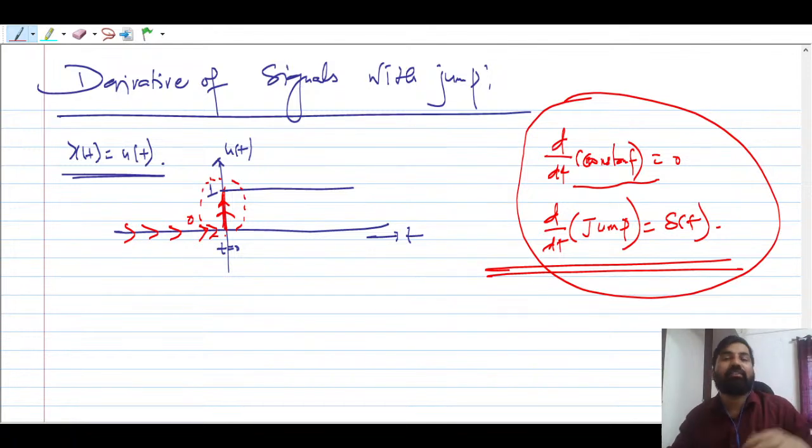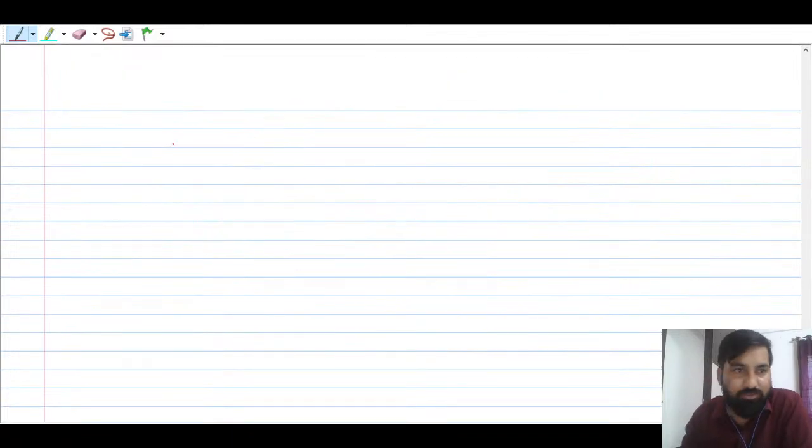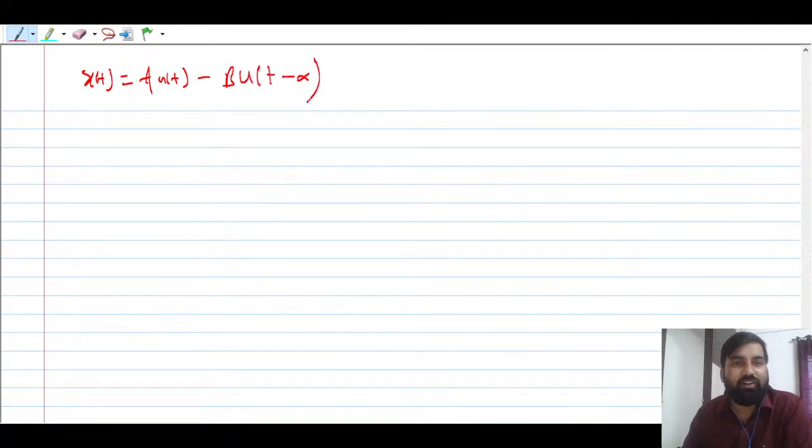If you take any rectangular pulse and differentiate it, there will be two jumps, at t equal to minus t by 2 and at t equal to plus t by 2. Now suppose you have x of t equal to a u of t minus b u of t minus alpha. It is a shifted version of that.